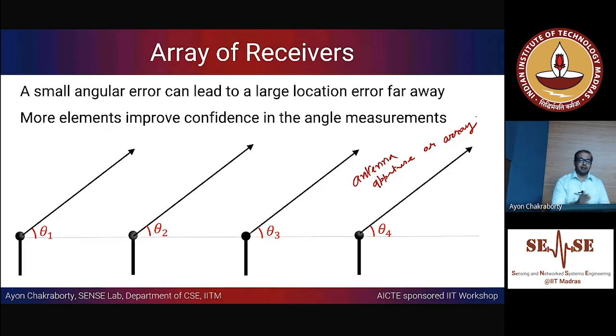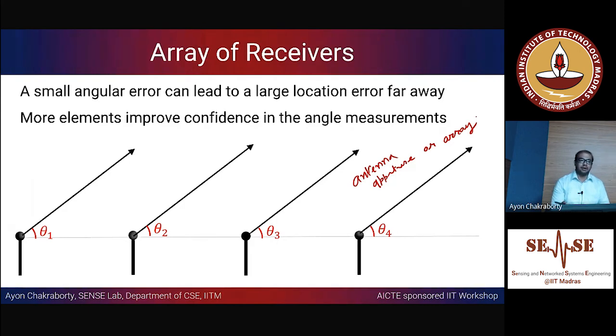You have a series of these antennas, and from here you just apply the same set of equations and find out the angle of arrival for each one of them, and from there you can fuse this geometry to figure out the actual direction of arrival, right? And it need not be a linear array. This array could have any geometrical shape.